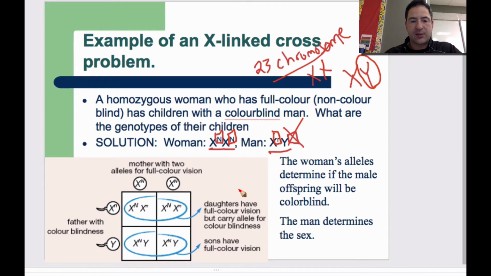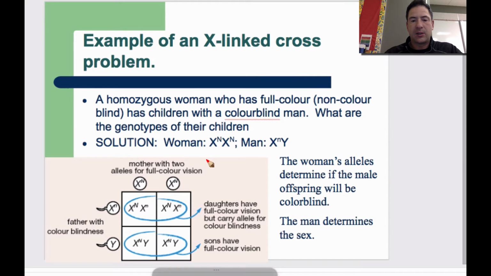So when we cross this in a sex-linked or an X-linked cross, we are going to have to split these up. So we still make our window, our square with our 4 squares, and remember inside are our offspring. But now in this case, we are going to split these up as well.